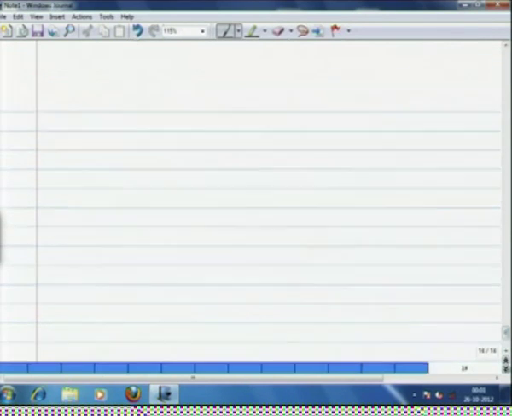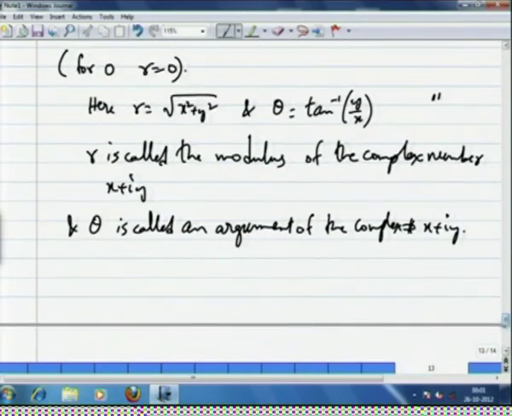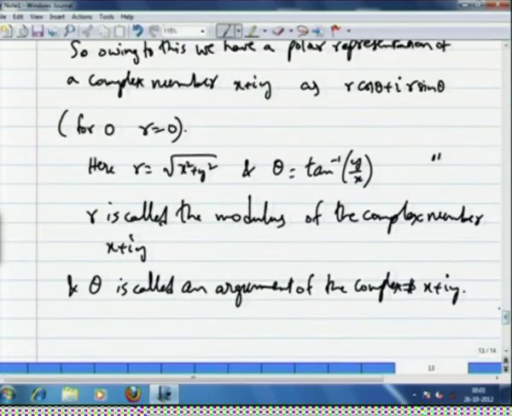So, notice that there is a certain lack of uniqueness when you go from the rectangular coordinates to the polar coordinates. By that I mean theta can be more than just one angle, because cosine and sine are 2 pi periodic.